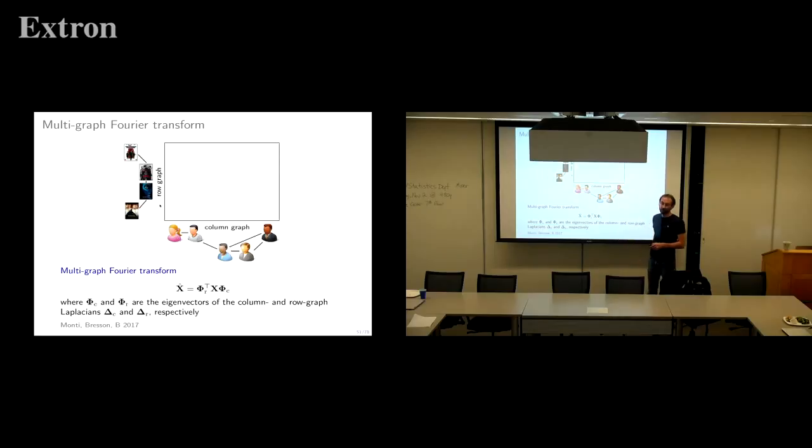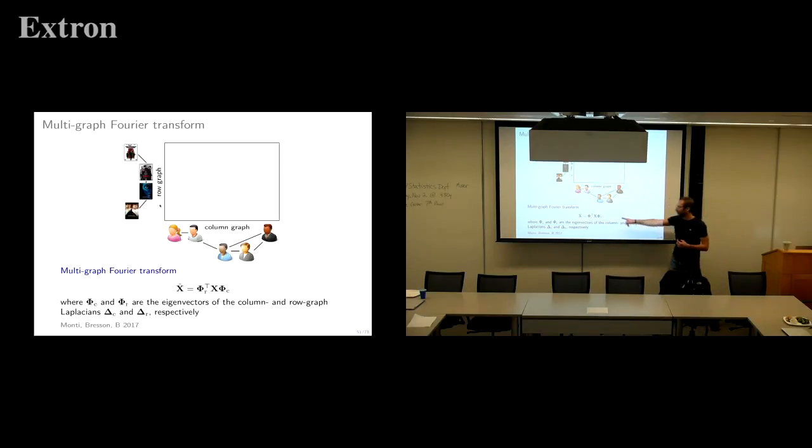The same concept can now be applied to a matrix that we want to complete. You can think of it as a matrix that lives on the product space. We have two graphs: the graph of users and the graph of items, or the graph of movies. The Fourier transform associated with each of these spaces will be the set of orthogonal eigenvectors of the respective Laplacians.